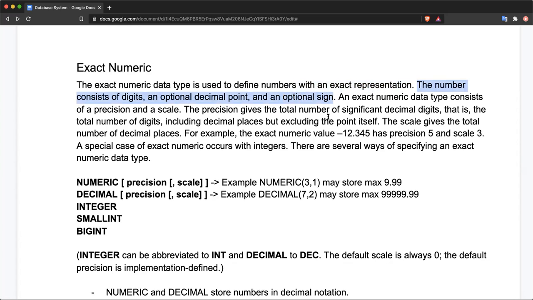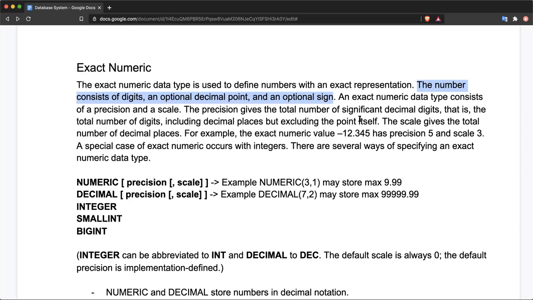Of course a number cannot be represented without any digits, so the digits part is necessary. The number consists of digits, and there are 2 optional things, the optional decimal point and the optional sign. The sign is used to denote whether it is a positive number or a negative number.